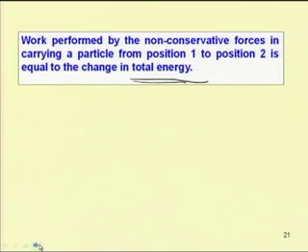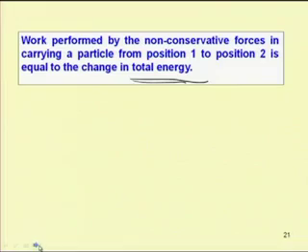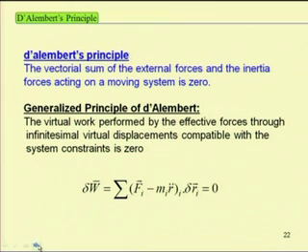So, using these principles one can find the potential energy and kinetic energy of a given system, and using those energy expressions one can use either the Hamilton principle or the Lagrange principle to derive the equation of motion.